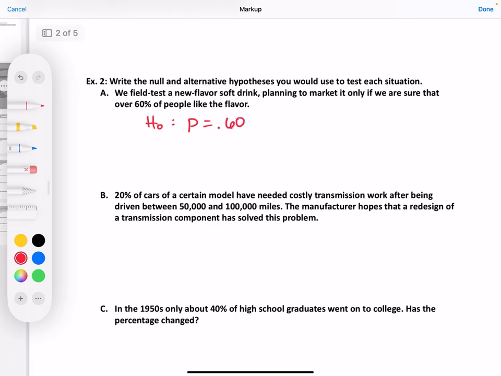So do you think this would be not equal to, less than, or greater than for the alternative hypothesis? Yep, greater than. And this would be a right tail test because it's over 60%.